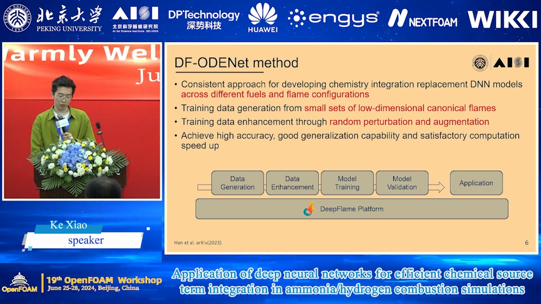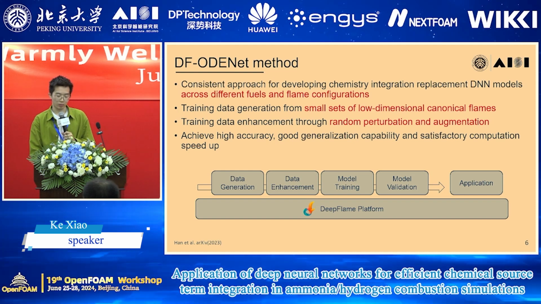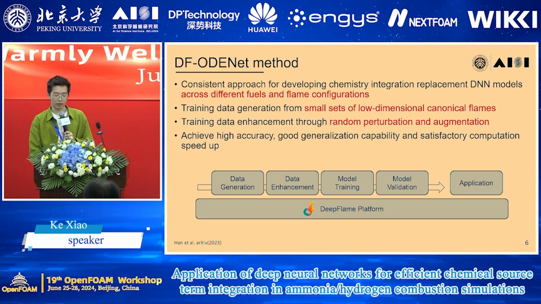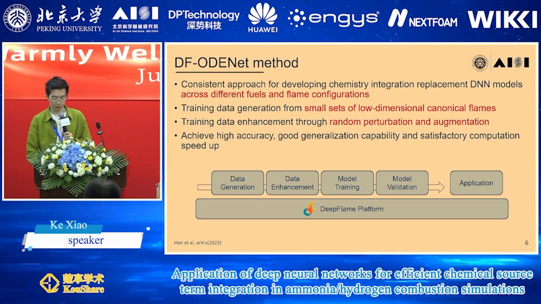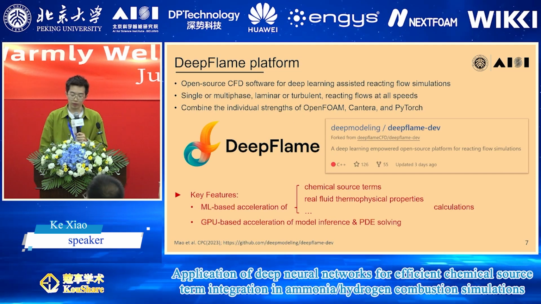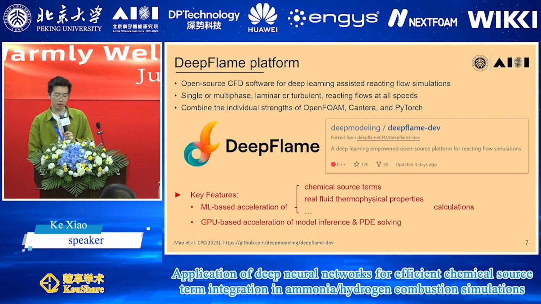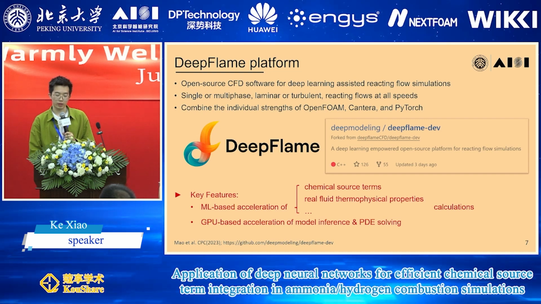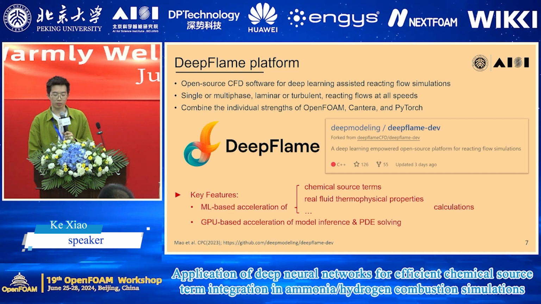I will proceed to introduce this method from these perspectives: our computation platform, the generation process of training data, then model architecture and algorithms, and at last validations. Our DFODNet method is integrated into DeepFlame, an open source CFD software platform for deep learning assisted reacting flow simulations based on OpenFOAM, Cantera, and PyTorch.